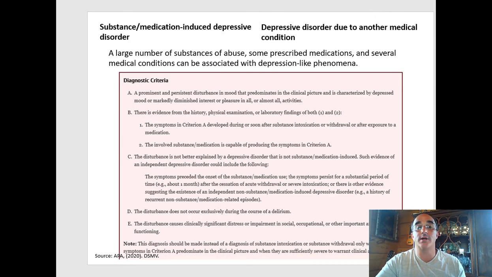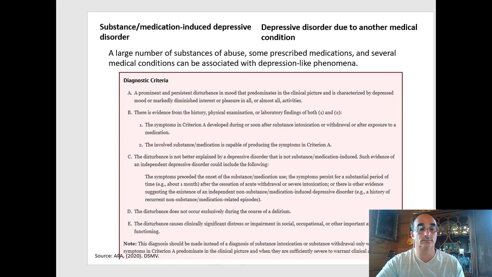The next disorders are the substance/medication-induced depressive disorder and the depressive disorder due to another medical condition. And of course, there are a large number of substances that are abused, some prescribed medications, and several medical conditions that can be associated with depression-like phenomena, or that can contribute to a depressive disorder.